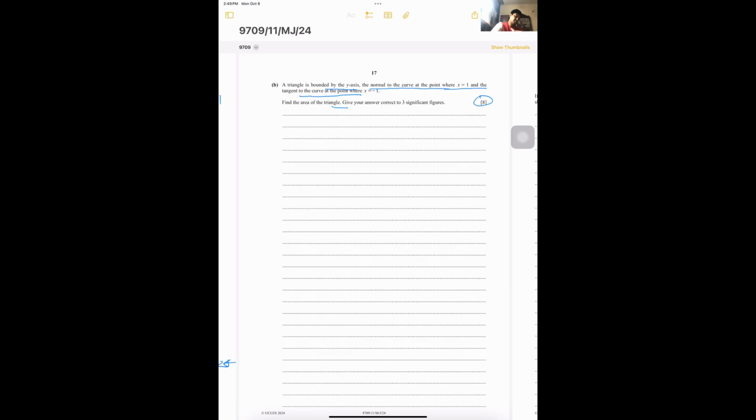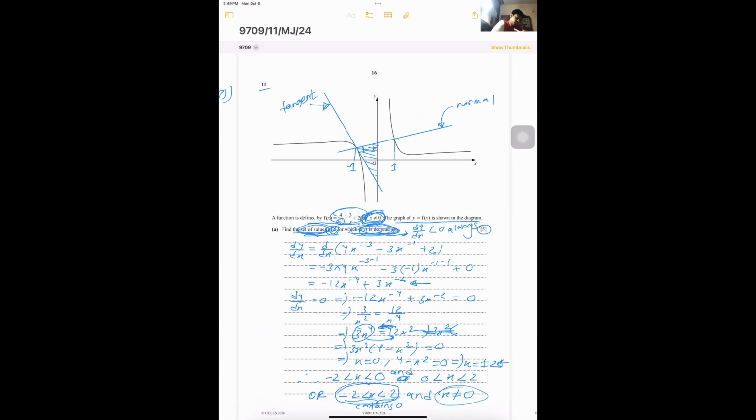So for that, we would want to know the coordinates of this point and the coordinates of this point, isn't that so?